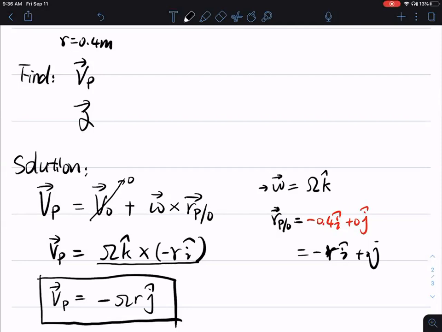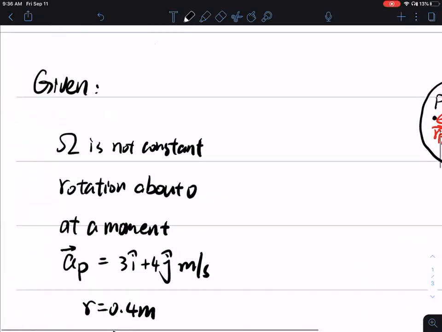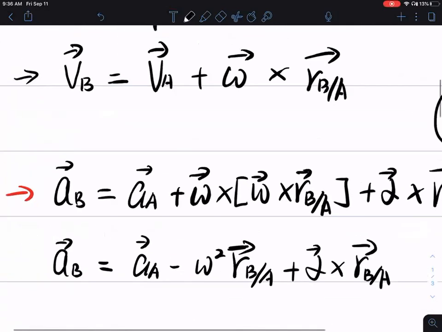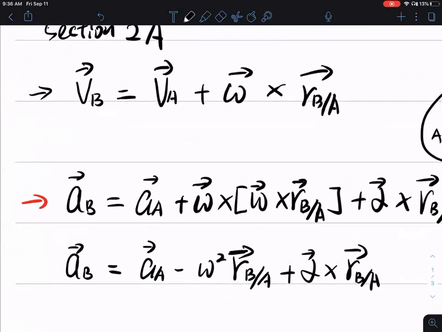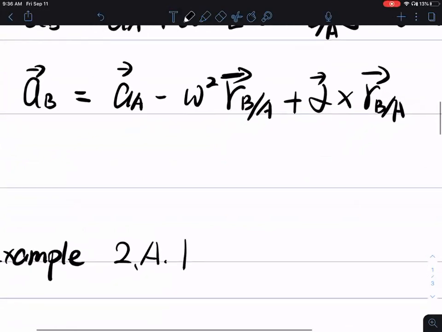Now, let's look at how to find alpha. From the two equations we learned today, which one has alpha? The acceleration equation. So if we want to solve for alpha, we have to figure out each of the other terms.